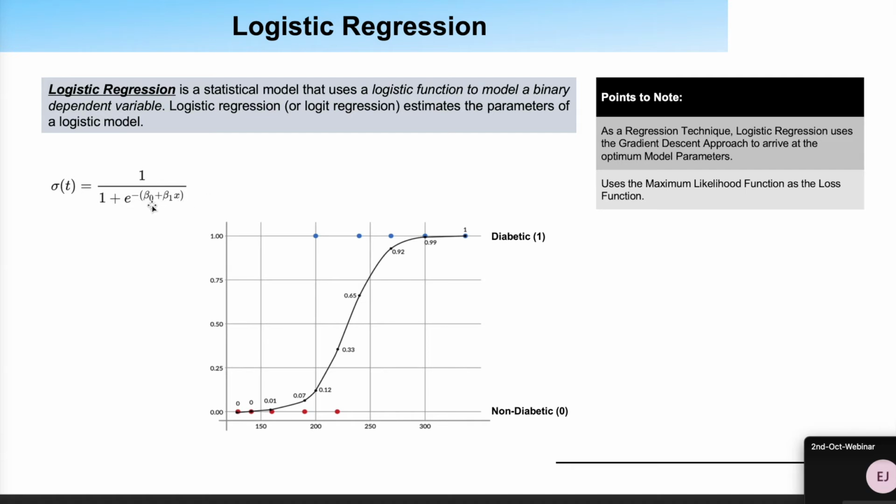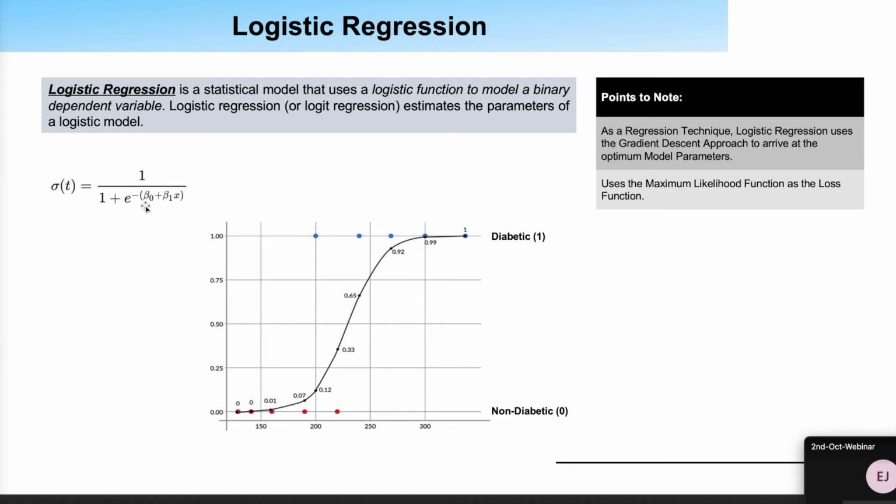So if I generalize this expression, this is the regression equation in the logit expression, which is beta 0 plus beta 1 x1, beta 2 x2, beta 3 x3, etc. So what this logit function does is that with all the values of the combination of x1, x2, x3, x4, it learns these beta 0, beta 1, beta 2 parameters and is able to output a probability. The logistic regression or the logit function output is a probability value.